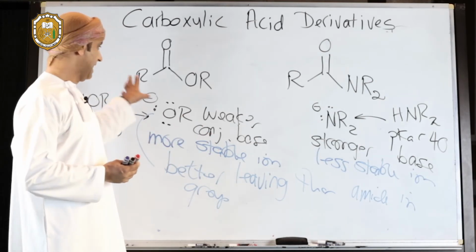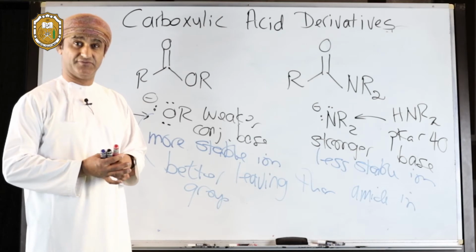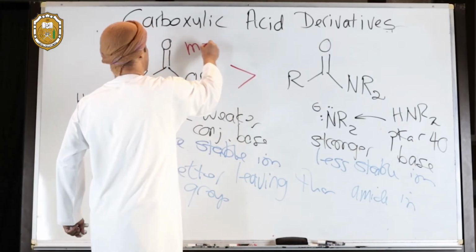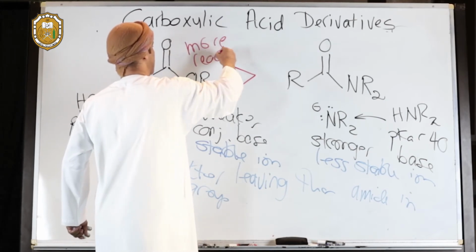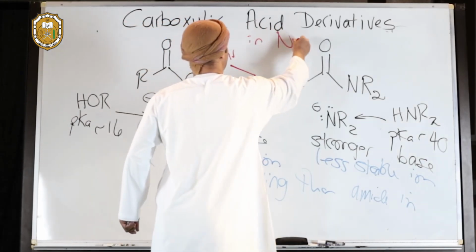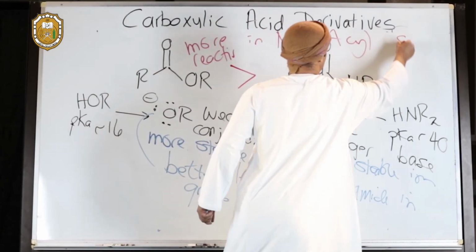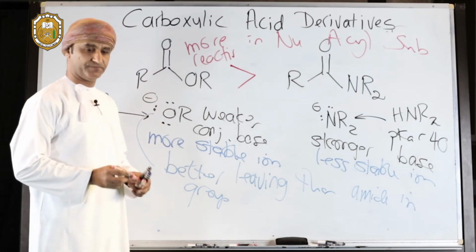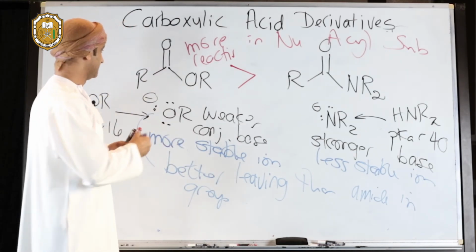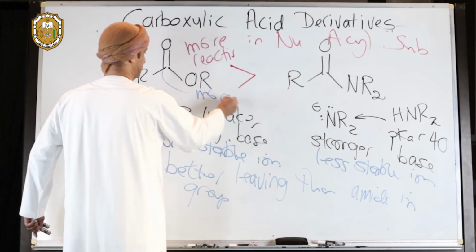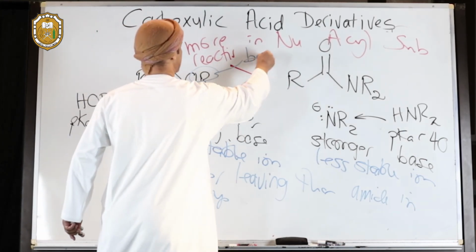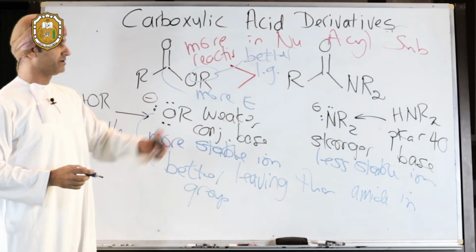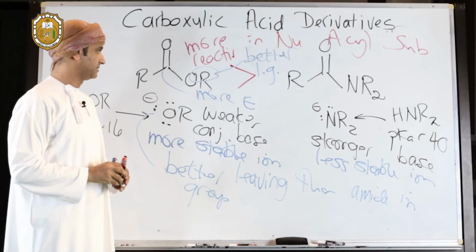So therefore, esters are more reactive than amides in nucleophilic acyl substitution reactions. They are more reactive than amides, not only because this carbon is more electrophilic, but also because this unit is a better leaving group compared with the NR2 minus or the amide ion.